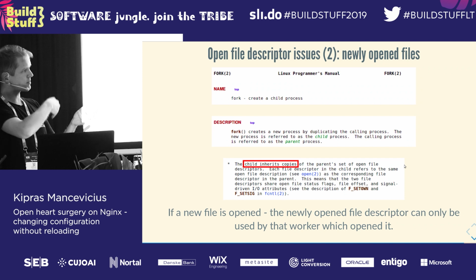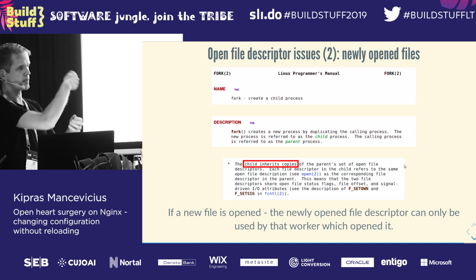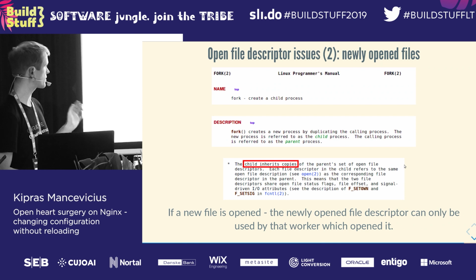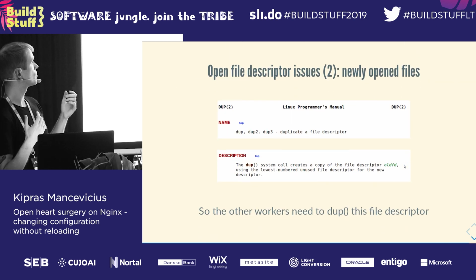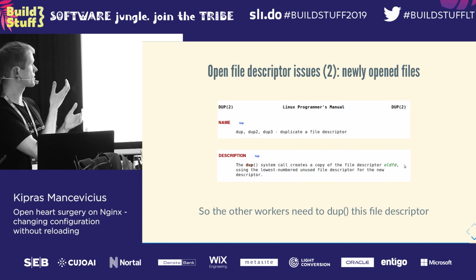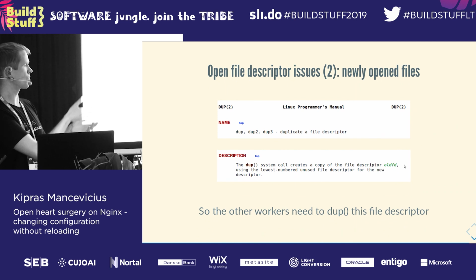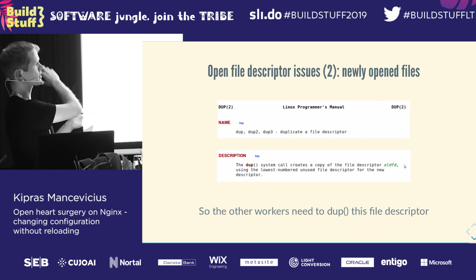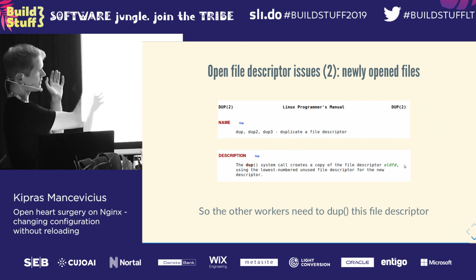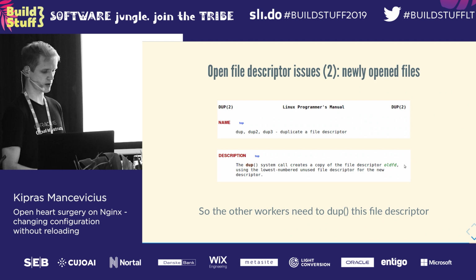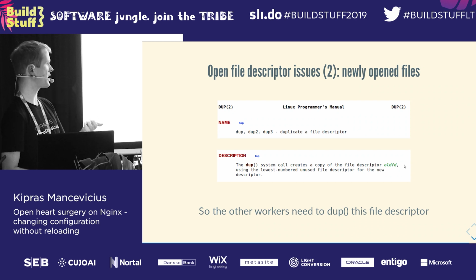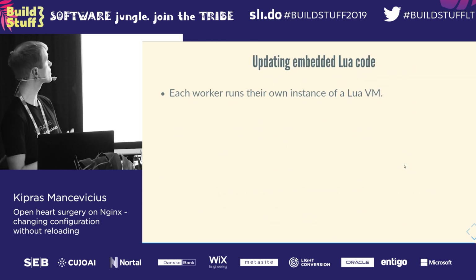It's the same descriptor, the same file, but they all can write to it, and it works just fine. But for new files, you have to do this yourself. One worker will open that new file, and then the others have to take that descriptor and duplicate it for it to work there as well. You essentially have to mimic the behavior of fork.